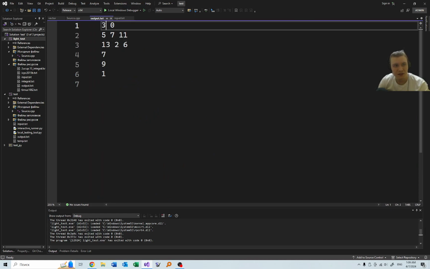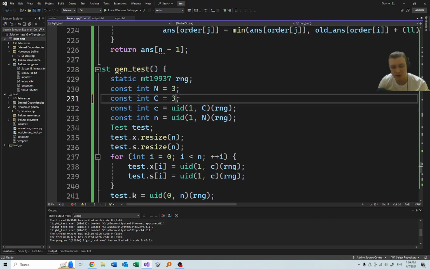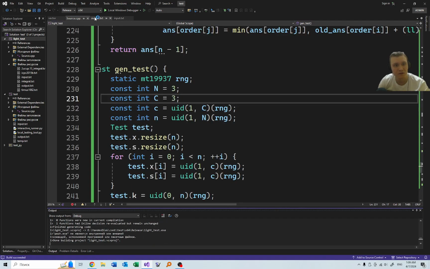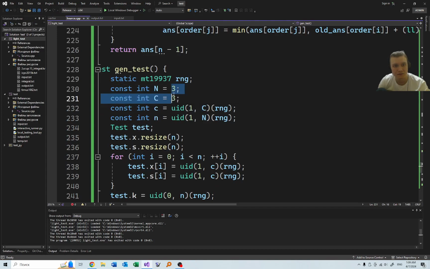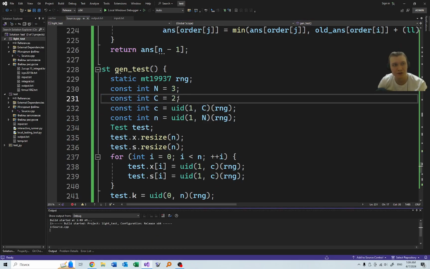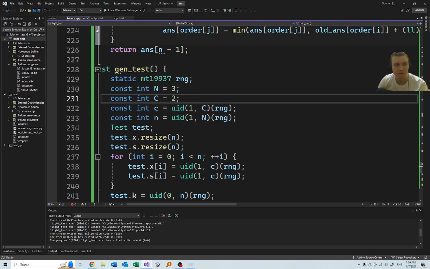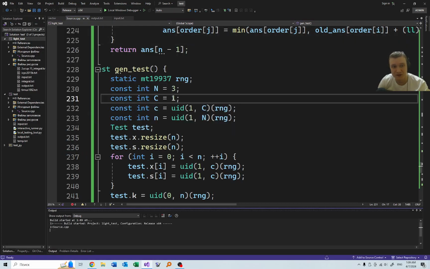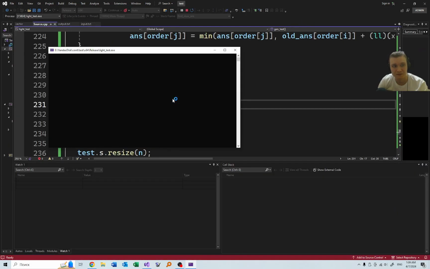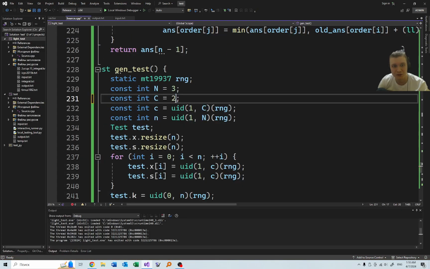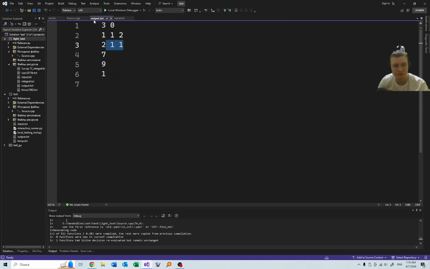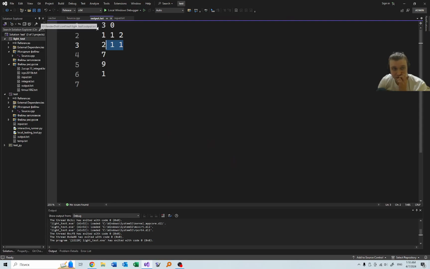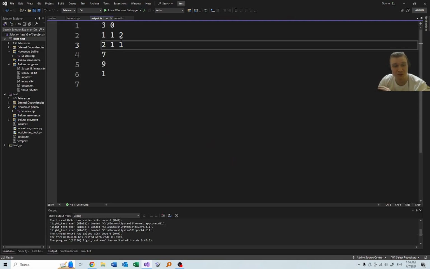So it says 3, 0, 5, 7, 11, 13, 2, and 6. Let's make this smaller for me to understand something. Maybe even 2 works. Maybe even 1 works. No, unfortunately 1 does not work.